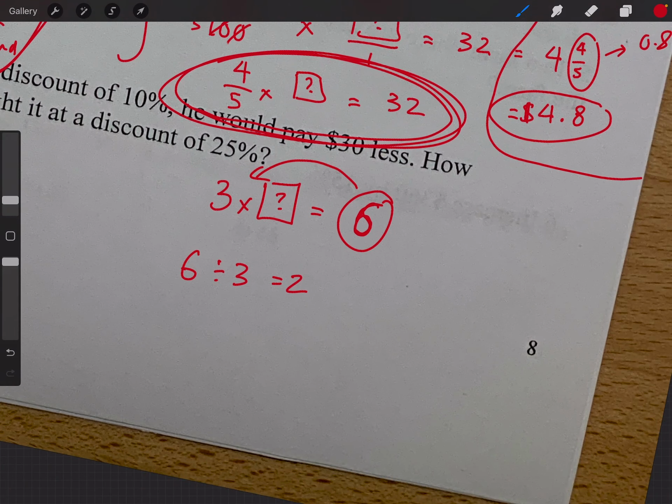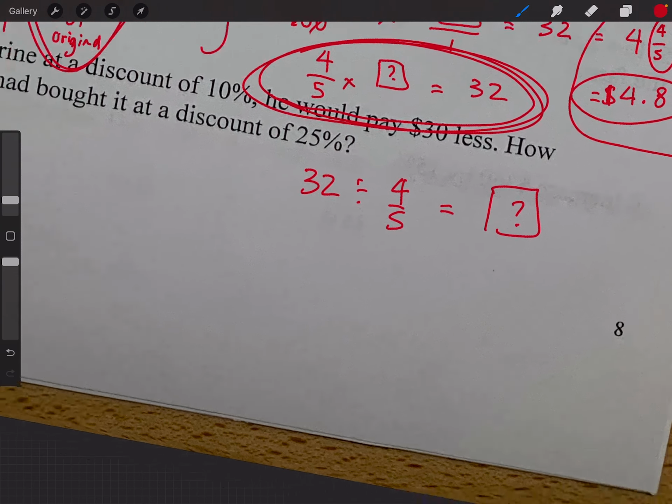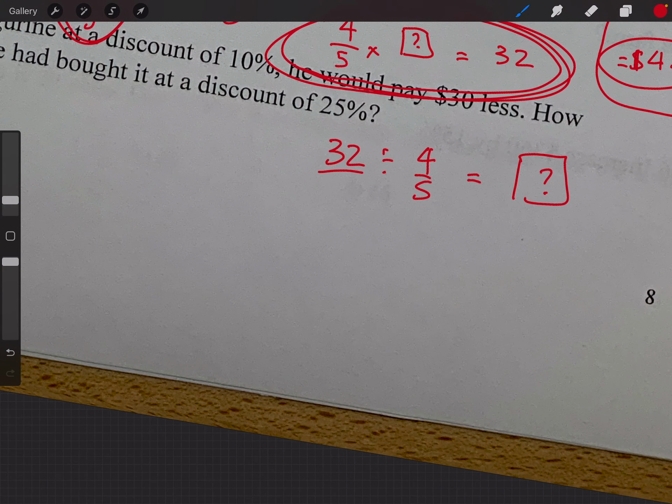Okay. To get the question mark, all we gotta do is just do a division. We take 32 and we divide it by 4 on 5, and we're gonna get that question mark back, the answer to that one. Alright, so let's do a division. So 32 on 1 divided by 4 on 5. So that means 32 on 1 times it by 5 on 4.